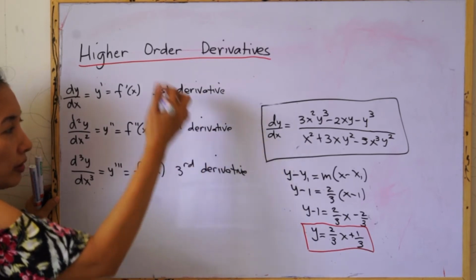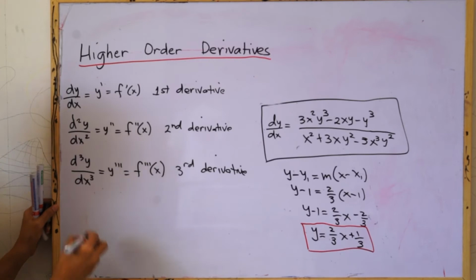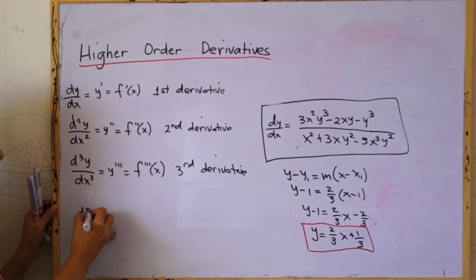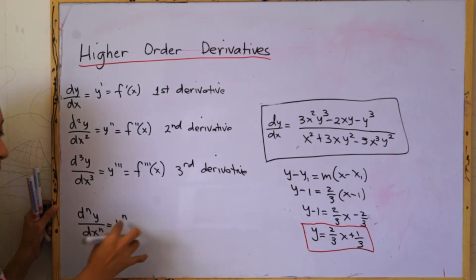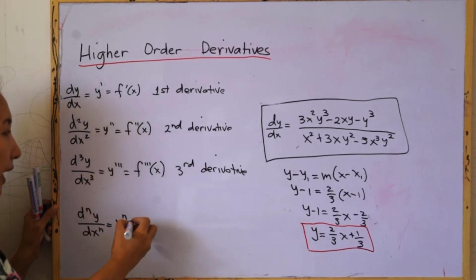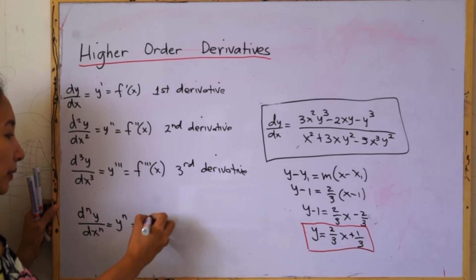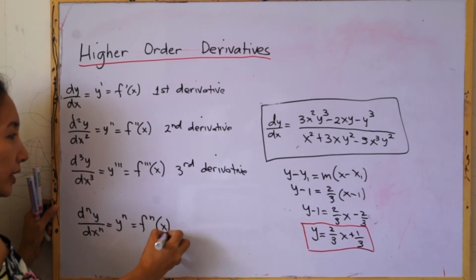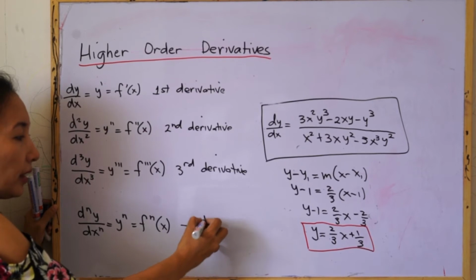So you can continue taking the derivative until the nth derivative of y with respect to x is equal to y raised to the n prime, equal to f n prime of x. The nth derivative.